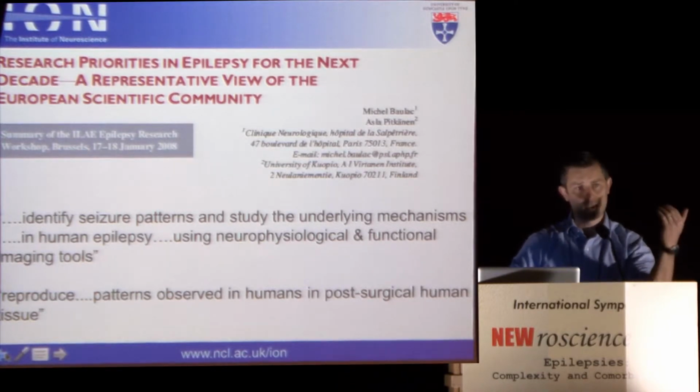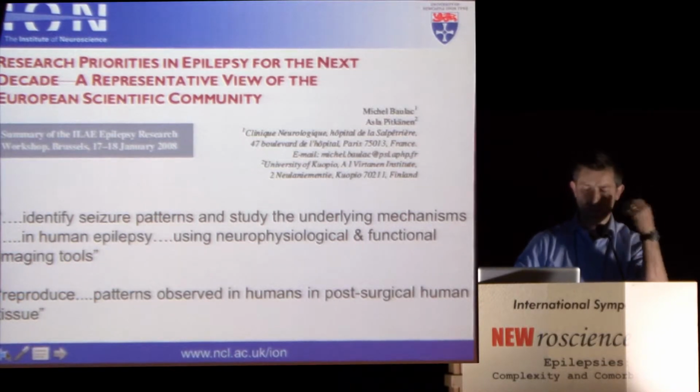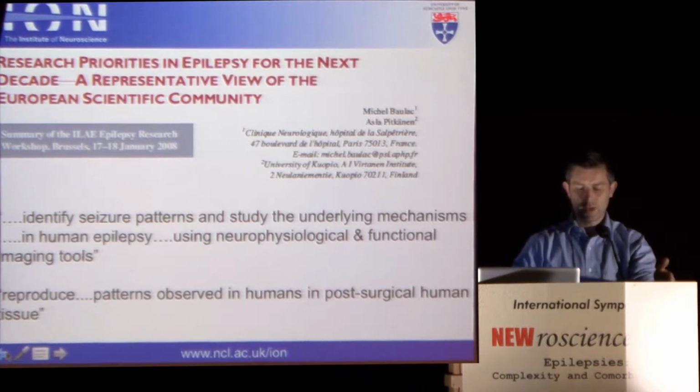And this is where they tried to identify the research priorities in epilepsy for the next 10 years. And one of the things that they suggested was that we should try and identify seizure patterns and study the underlying mechanisms in human epilepsy using neurophysiological and functional imaging tools. And then secondly, try and reproduce patterns observed in humans in post-surgical human tissue.